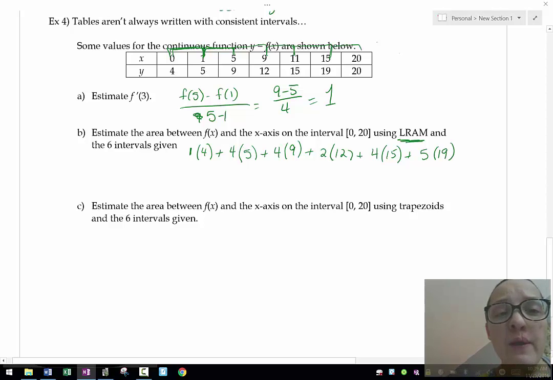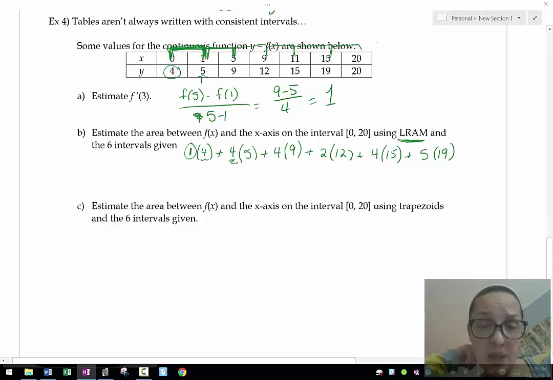So when I use LRAM, I'm using this interval right here, and then I'm using the left endpoint. So an interval from 0 to 1 has a width of 1 and a height of 4 for LRAM. From 1 to 5, that's 4 units, and I use the left endpoint to get my height, which is 5.